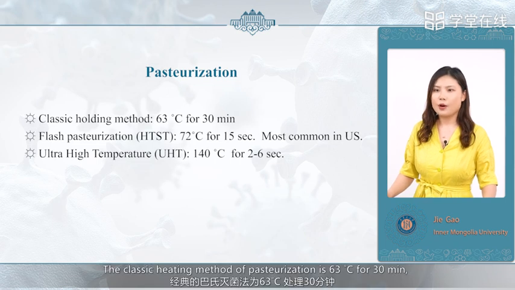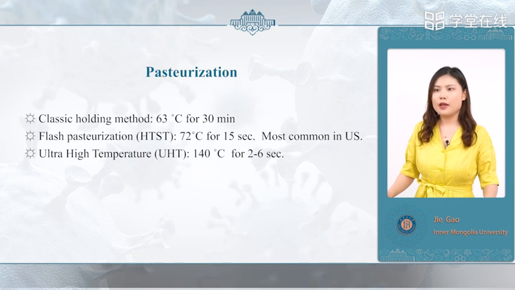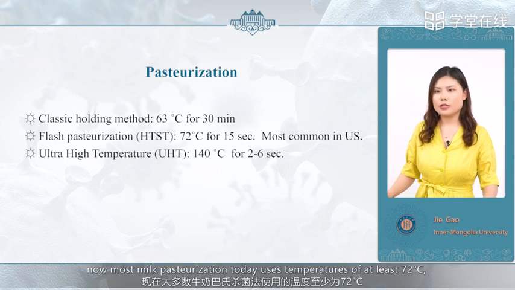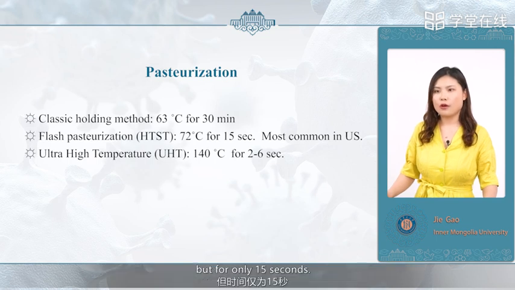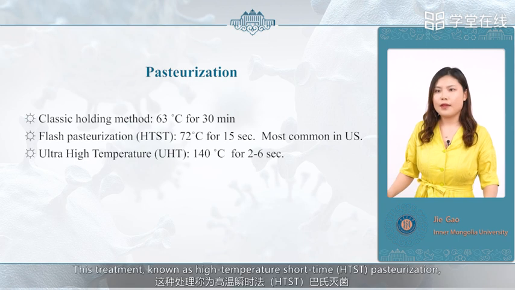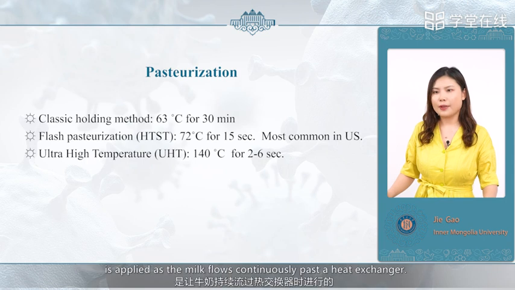The classic holding method of pasteurization is 63 degrees for 30 minutes. Now, most milk pasteurization today uses a temperature of at least 72 degrees, but for only 15 seconds. This treatment, known as high-temperature short-time (HTST) pasteurization, is applied as the milk flows continuously past a heat exchanger.